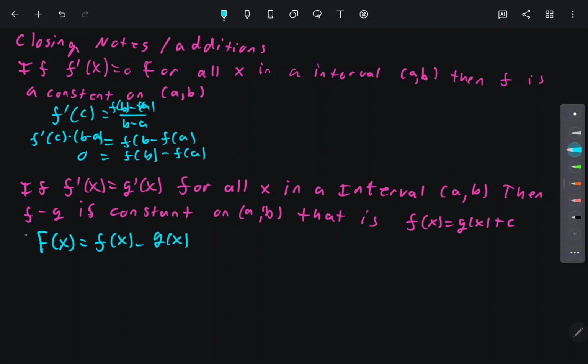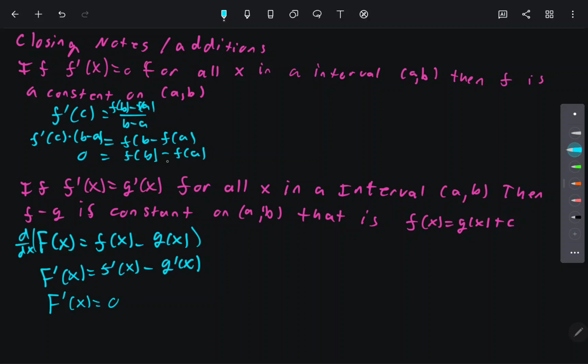Now we're going to take the derivative of this function with respect to x, and we get F prime of x is equal to f prime of x minus g prime of x. However, we know f prime of x and g prime of x are the same. So F prime of x is equal to 0.